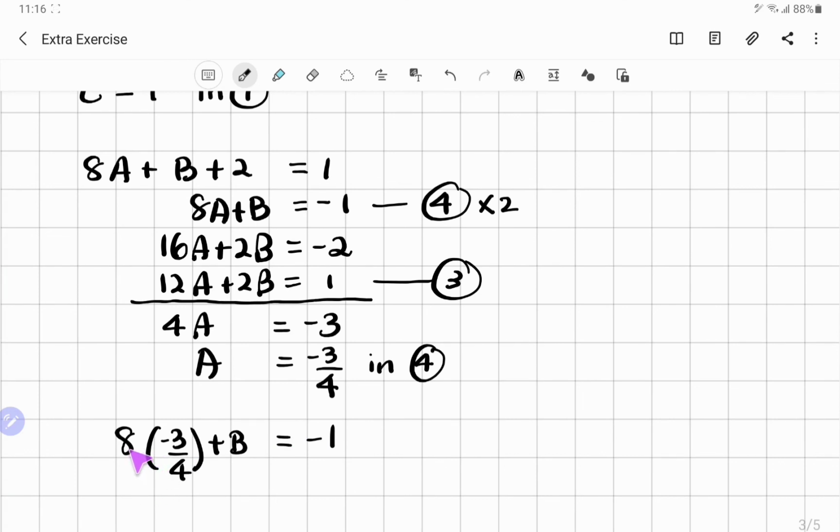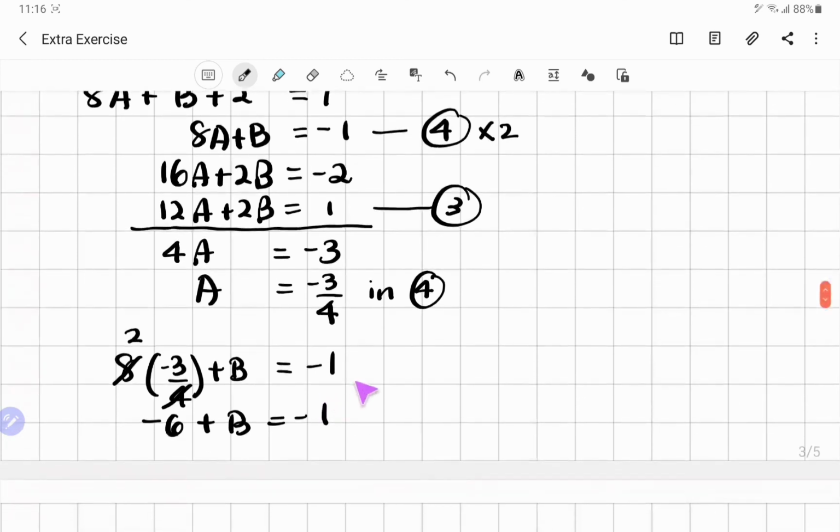Let us divide this 8 by 4. We're going to get 2, and negative 6 plus b equals negative 1. Then the value of b is equal to negative 5.